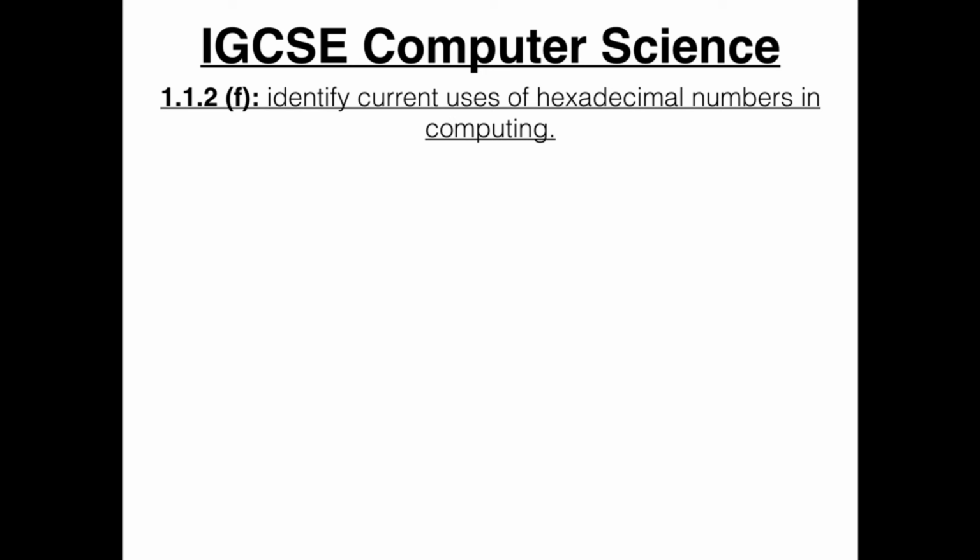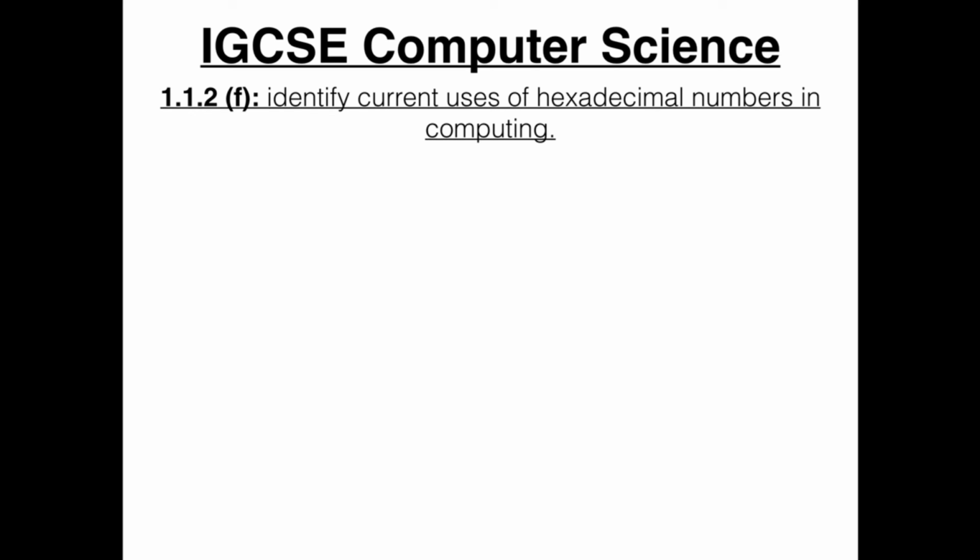IGCSE Computer Science Syllabus Statement 1.1.2f: identify current uses of hexadecimal numbers in computing. So we've gotten up to the point where we've learned how to convert hexadecimal numbers to and from decimal and binary, and we've also looked at how hexadecimal is easier for programmers to read than binary.